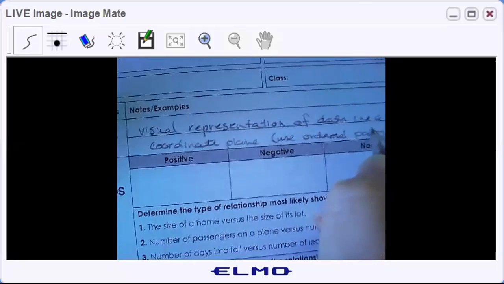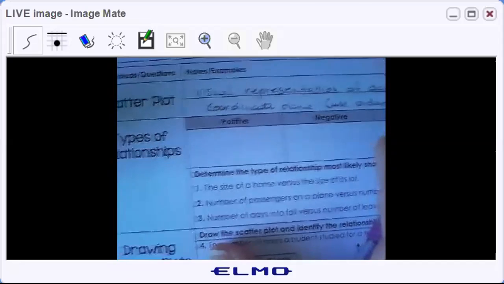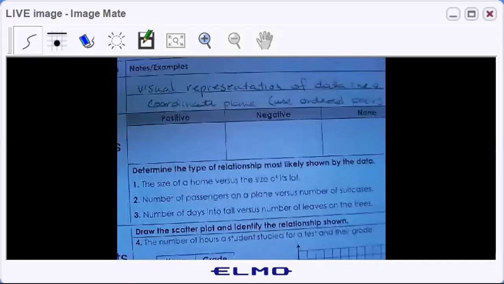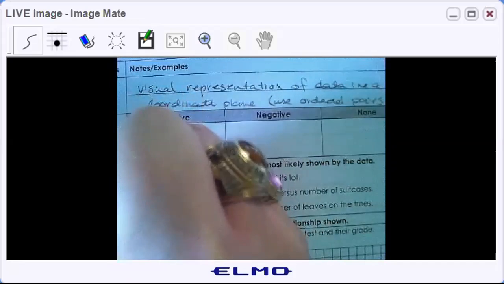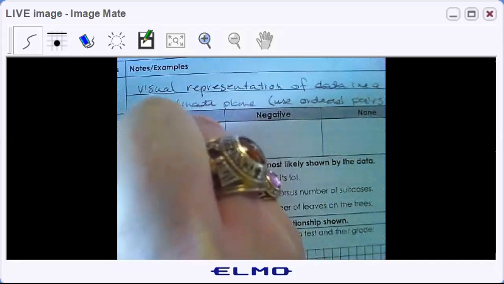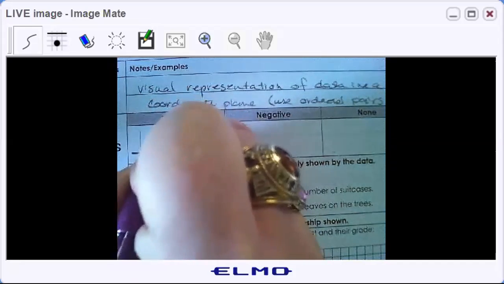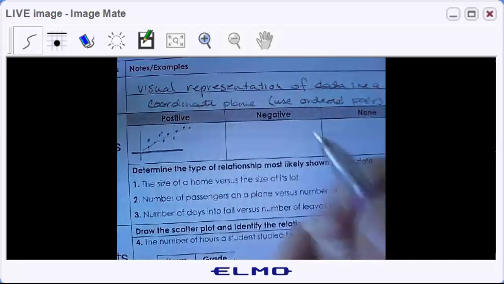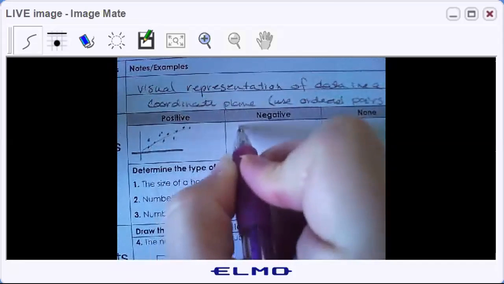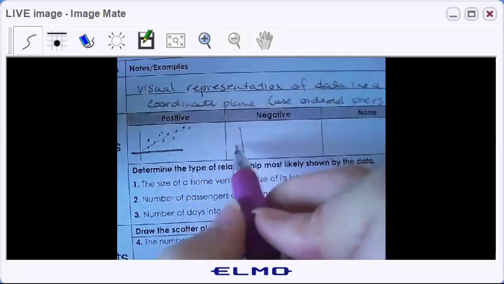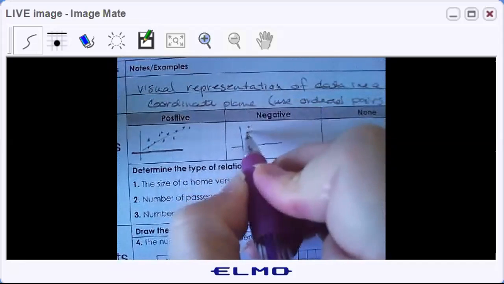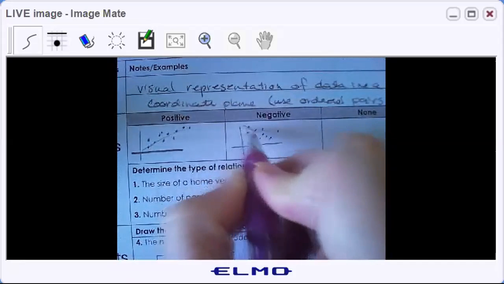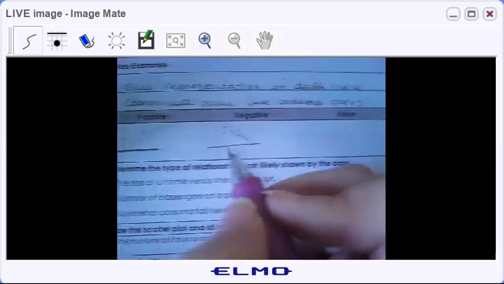Okay, now we have three possible correlations, or relationships. Scatter plots can pretty much appear one of three ways. They can appear to have a positive correlation or an upward trend, a negative correlation or a downward trend, or no correlation at all.